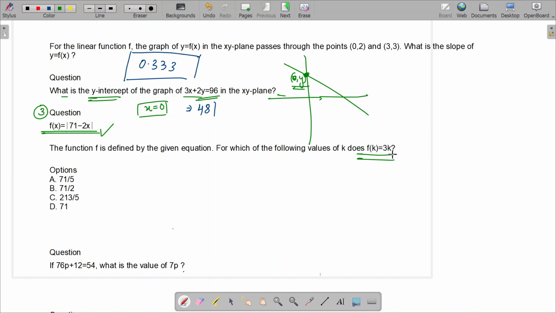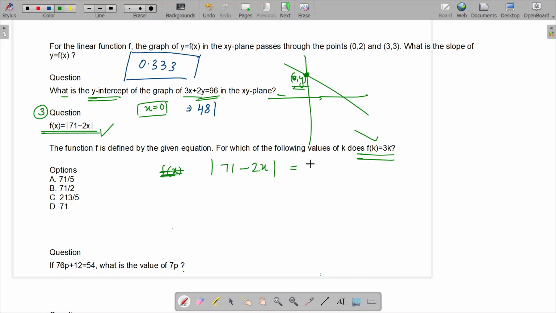Now instead of k, suppose if I say you just find out the function, what is it? So on Desmos, you'll simply write f of x, no worries. Even if you're not writing this, you can simply write 71 minus 2x in the absolute function, and then it is equals to 3k.